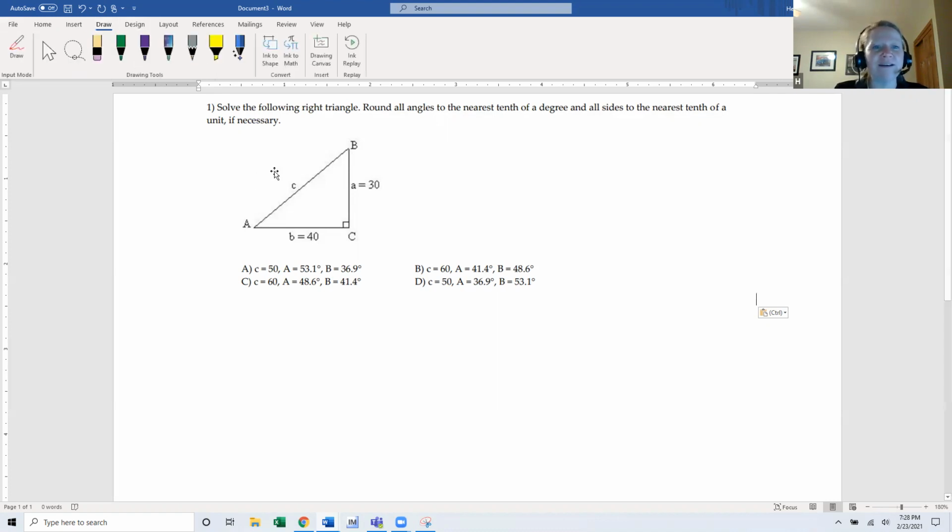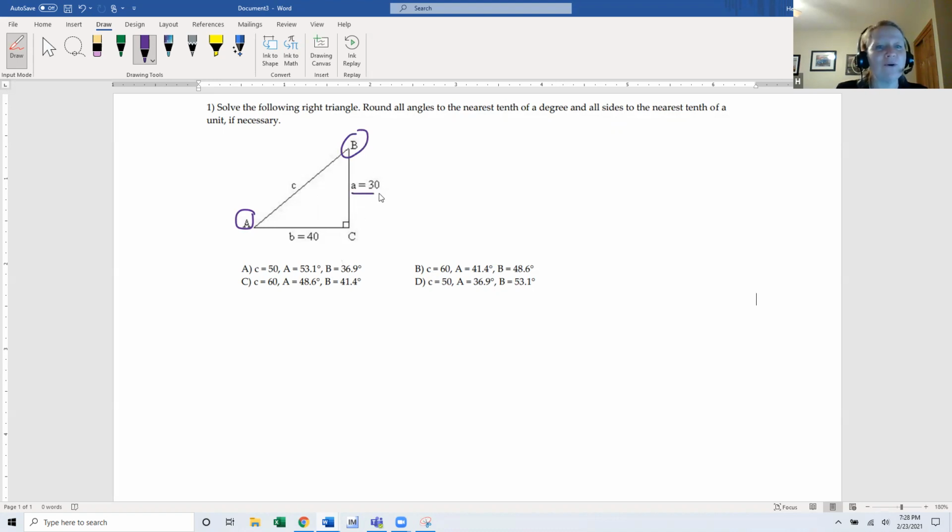So it says, solve the right triangle, and we want to find everything that's unknown here. So we don't know angle A. We don't know angle B because there's no degrees given to us here.